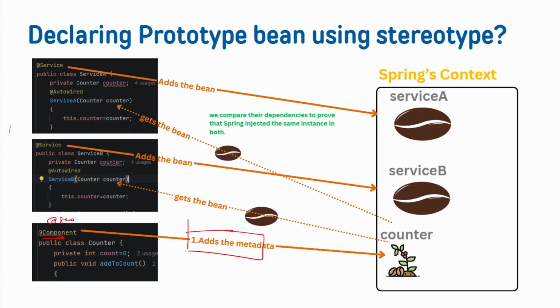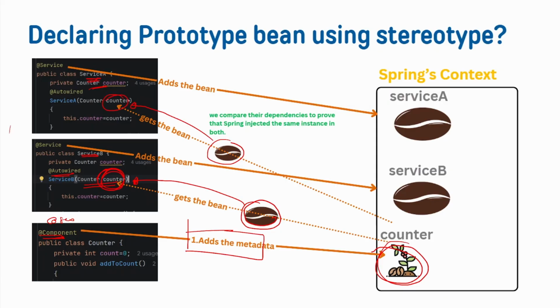Spring only adds the metadata to the Spring context, and whenever there is dependency injection, Spring will create a new instance and add the dependency here. And again in service B there is a need for the counter dependency, so Spring creates a new dependency and injects it here. So in both service A and service B there is a different counter.